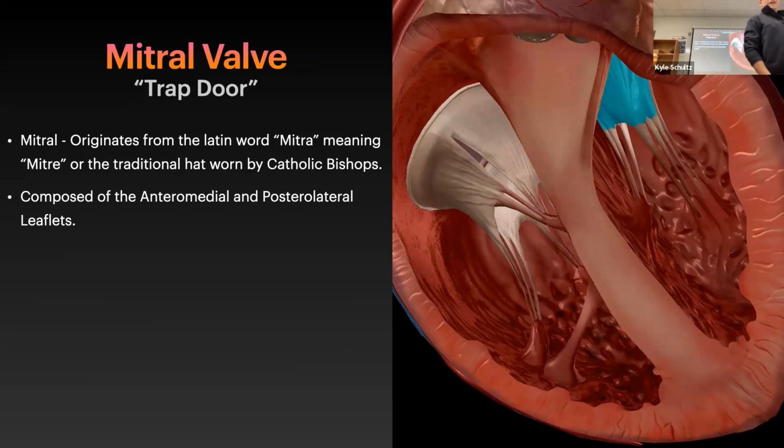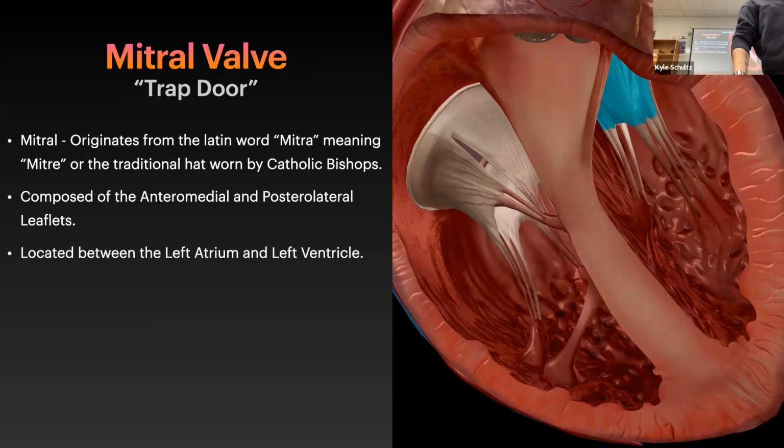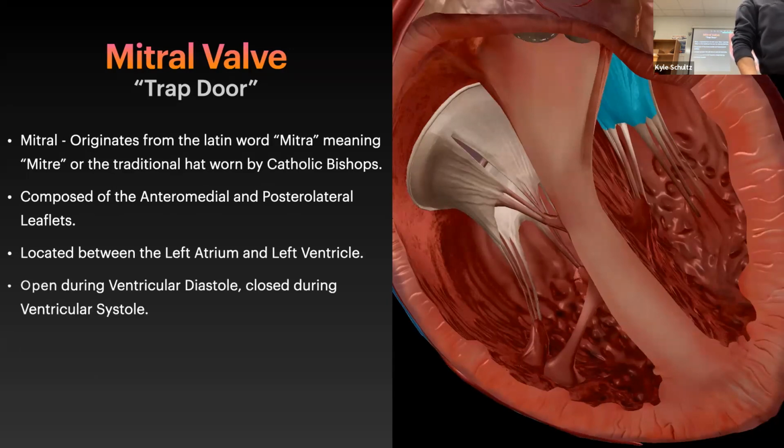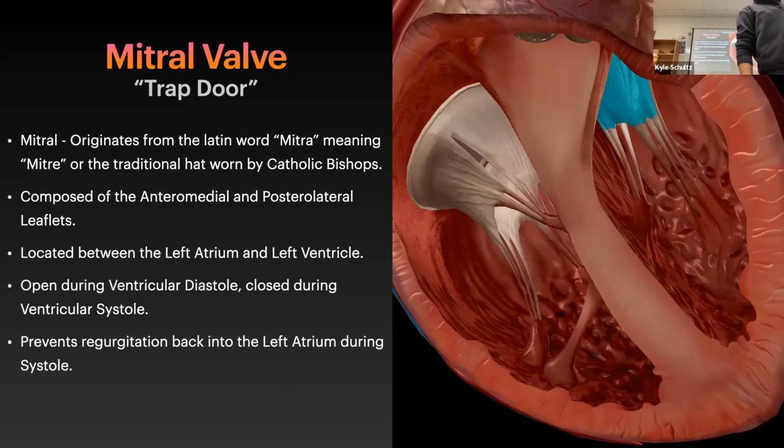It's going to be composed of the anteromedial and the posterolateral leaflets. It's going to be located between the left atrium and left ventricle, as we know. Open during diastole, closed during systole. And it's going to prevent that regurg back into the left atrium during systole. It attaches directly to those chordae tendineae, which we're going to go over a little bit more in detail.